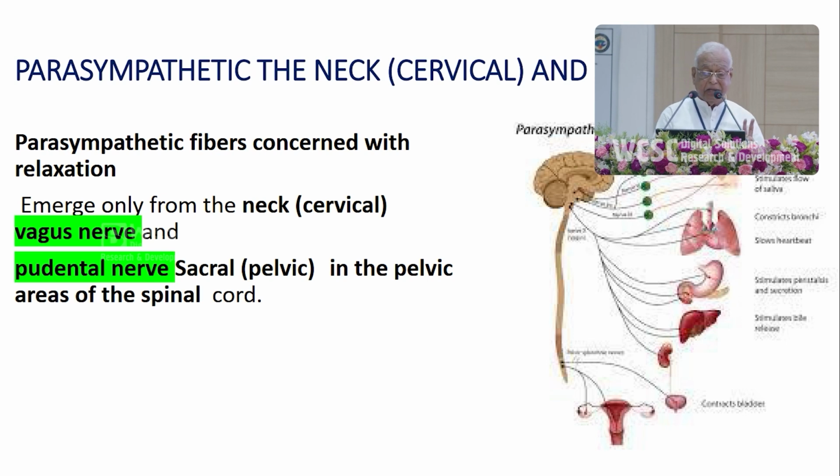In the body there are two nerves concerned with the parasympathetic system, that is the vagus nerve and the pudendal nerve. Vagus is just below the cortical brain and the pudendal nerve is lower. The pudendal nerve is more connected with our Kayakalpa. So now I am going to concentrate more on the pudendal nerve.